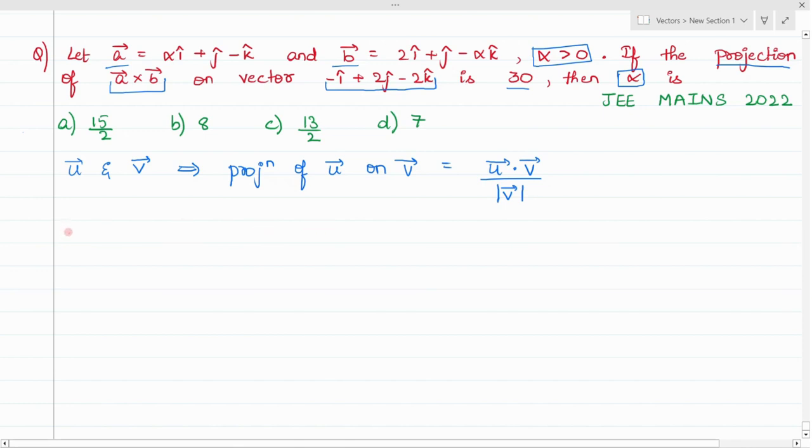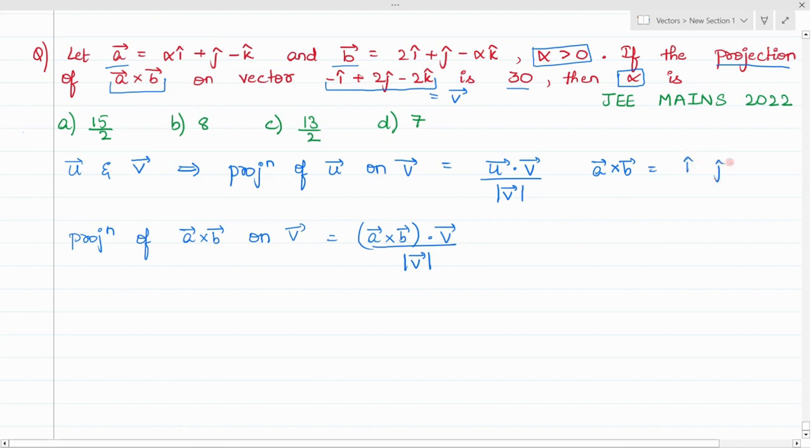So similarly, it is given as projection of A cross B on this vector. Let's assume this as V. So it becomes A cross B dot product of V by magnitude of V. So first let's find A cross B value.